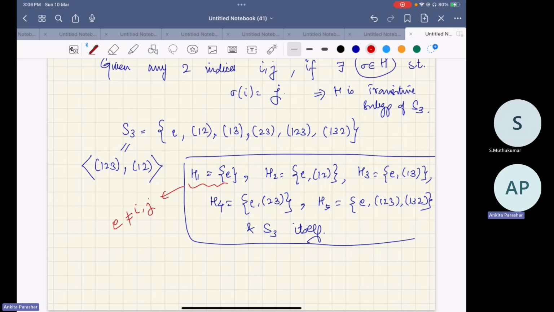That is the only bijection inside H1, so there is no sigma which can map non-identical indices. So clearly H1 cannot be transitive. Can you argue something about H2, H3, H4, H5?